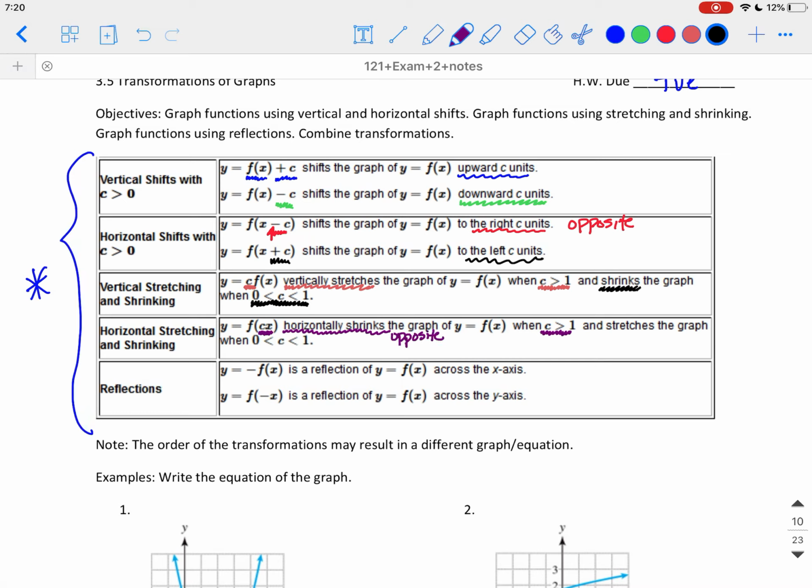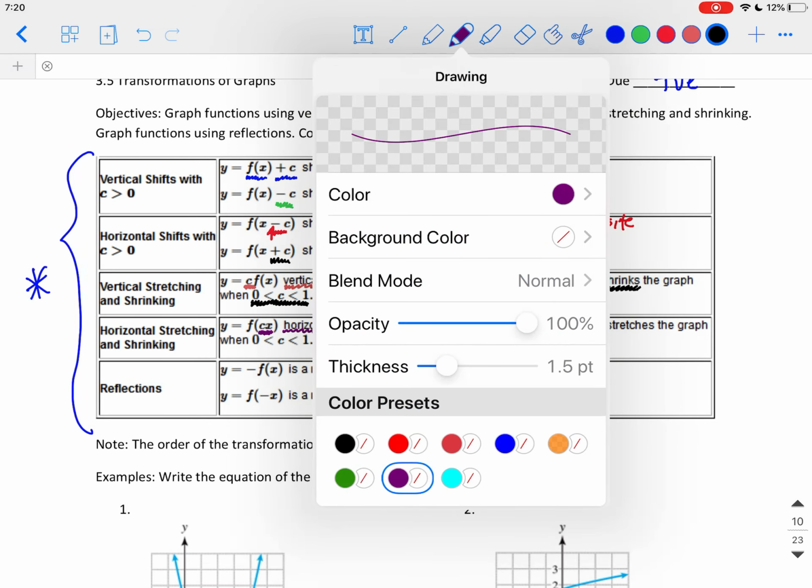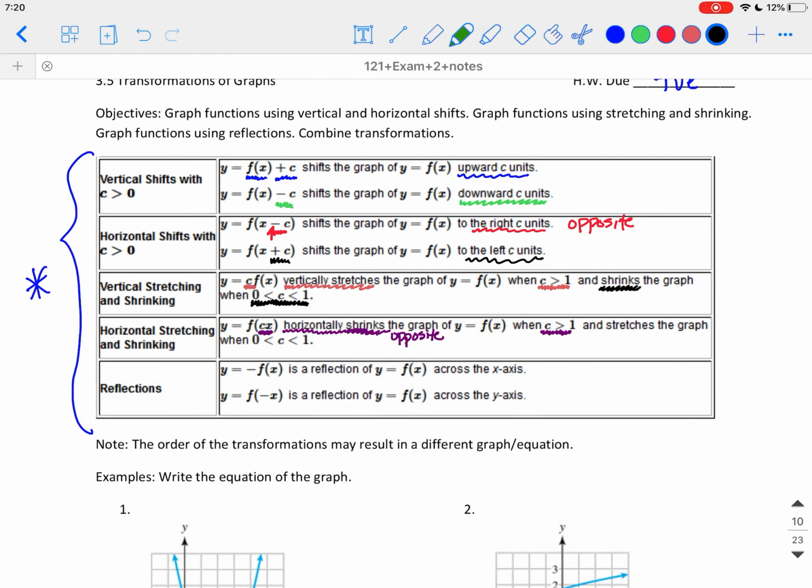A number bigger than 1, you might think, no, it's going to stretch it. It actually shrinks it. And if you have a number that's between 0 and 1, a fraction or a decimal between 0 and 1, then that's actually going to stretch your graph, again, horizontally.